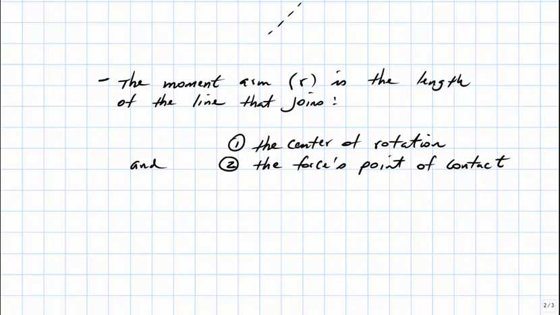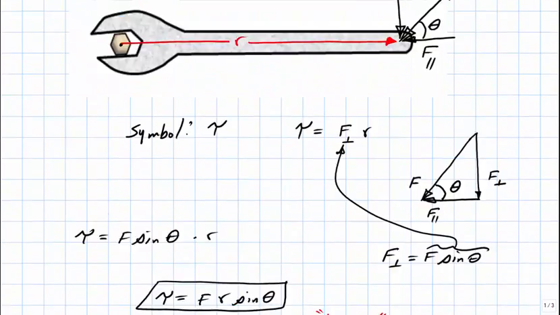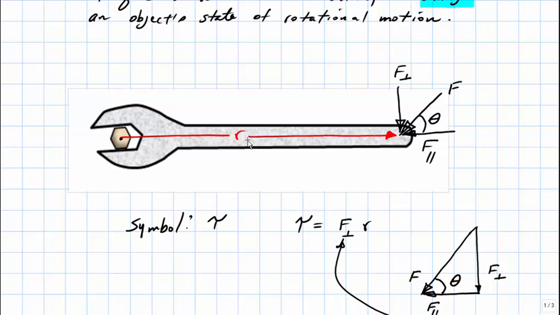If we refer to our wrench diagram, we could see that R meets this definition. In other words, it's the length of the line that joins the center of rotation, which is right here, to the contact point of the force.